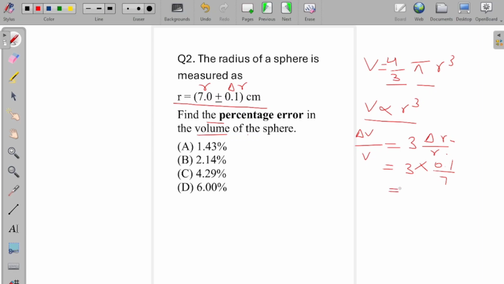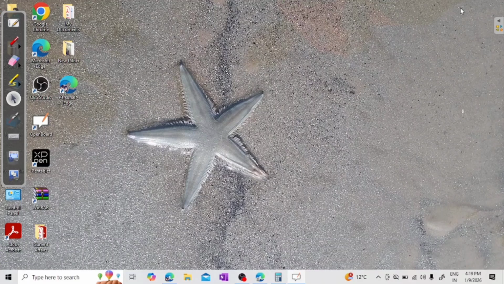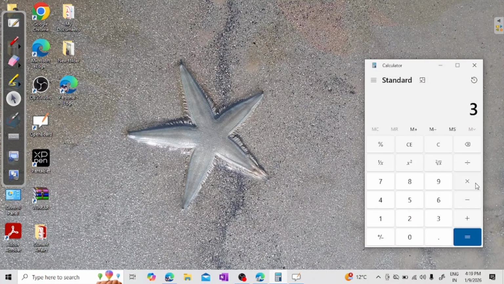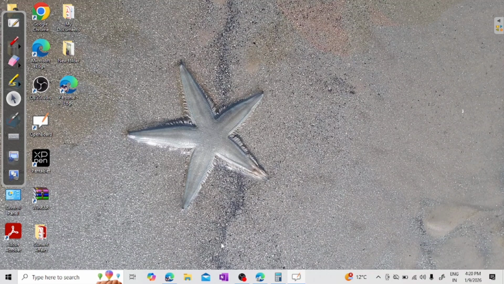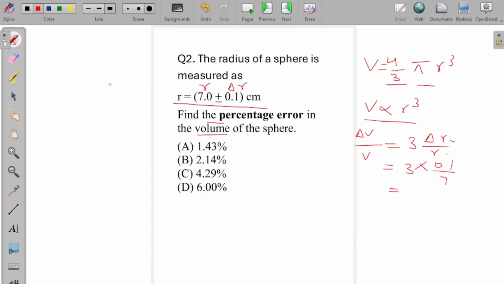On solving this further, let's use the calculator. 3 into 0.1 divided by 7 gives us 0.0428.